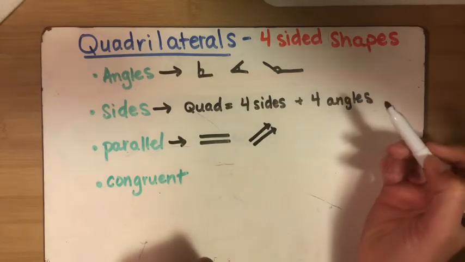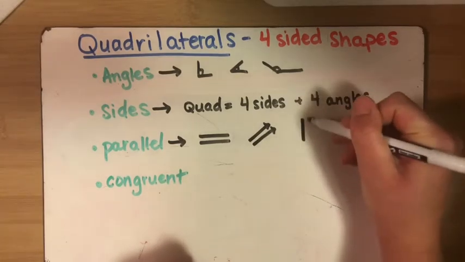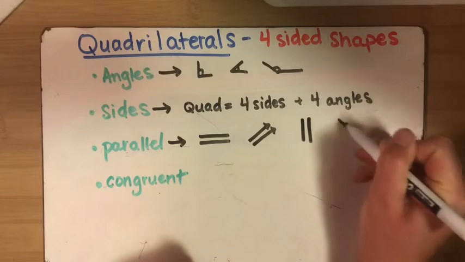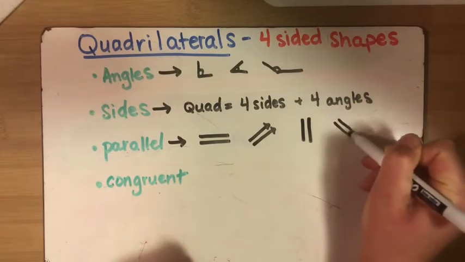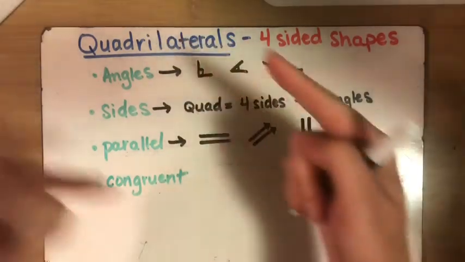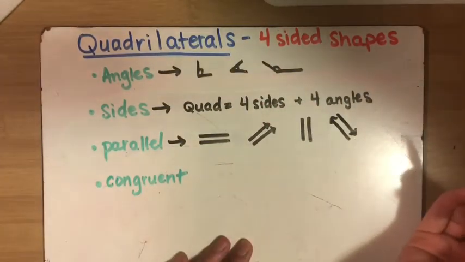And they can go any direction. They don't have to just go left and right. They can go sideways, they can go up and down, they can go any which way. It just matters that they never cross. And they can go opposite ways too. Maybe one arrow's going this way and one is going the other way. Those could be parallel lines too.